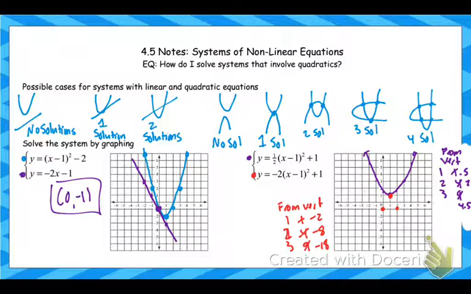So I'm going to follow that same pattern, and then I'll get my other quadratic. And then you can clearly see where they intersect is just at the vertex, but we really want to get that extra practice in just to make sure we remember how to graph quadratics.